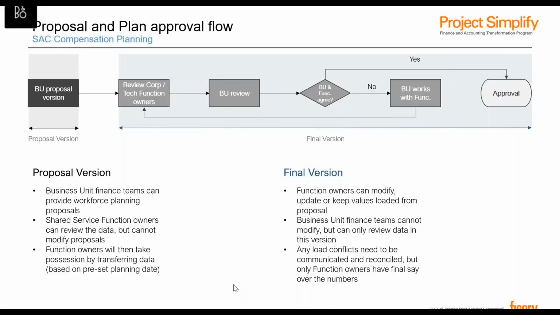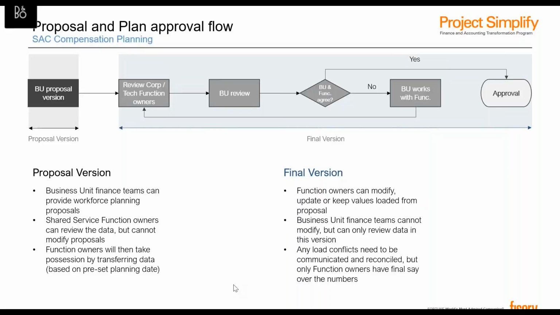Once these numbers are proposed, they are reviewed by the function owner. So this is the corporate or the technology function finance teams who are able to then adopt those numbers, and they bring it into the final version where they can make changes and reduce those numbers or reallocate those dollars as appropriate.